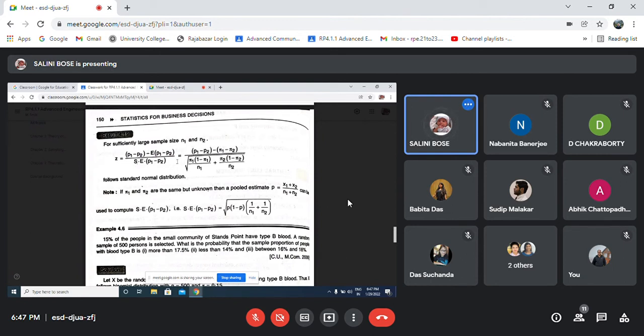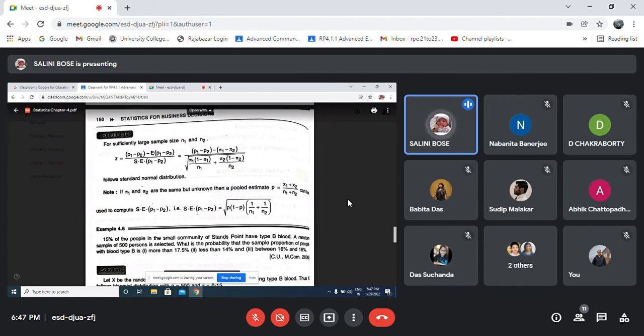Clear? So if pi1 and pi2 are the same but unknown, then p will be x1 plus x2 by n1 plus n2, because p is x by n. So for two samples it will be x1 plus x2 by n1 plus n2.